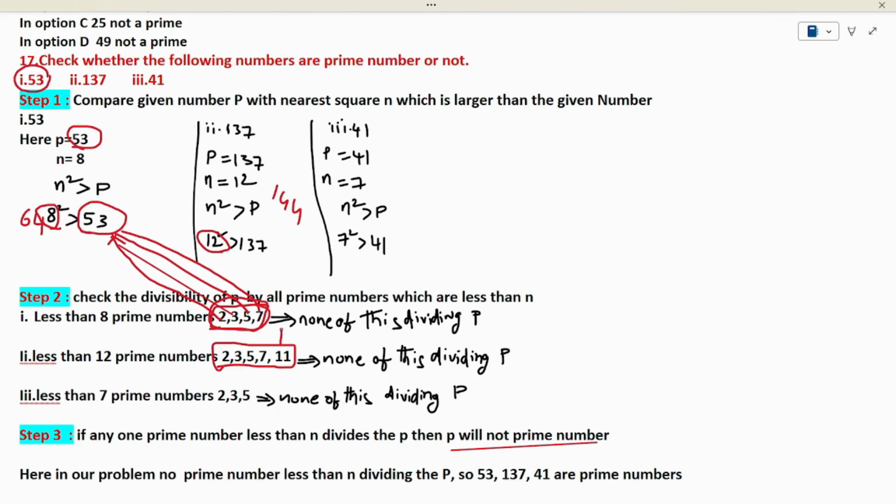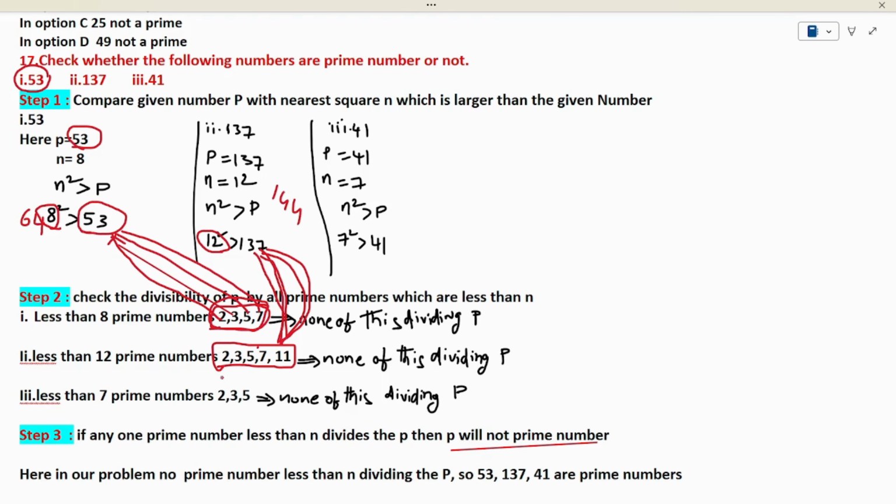See here, 2 does not divide 137. 3 also is not able to divide. 5 also not able to divide. 7 also not able to divide. 11 also not able to divide. This means none of the prime numbers less than n can divide this number, so it automatically becomes a prime number.